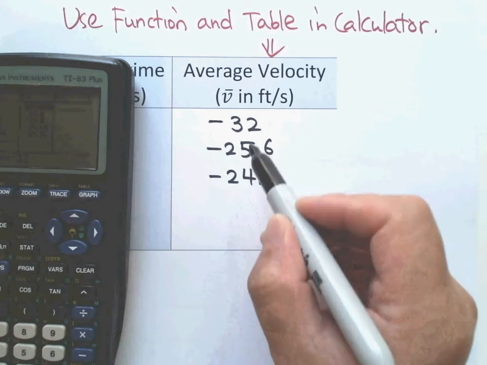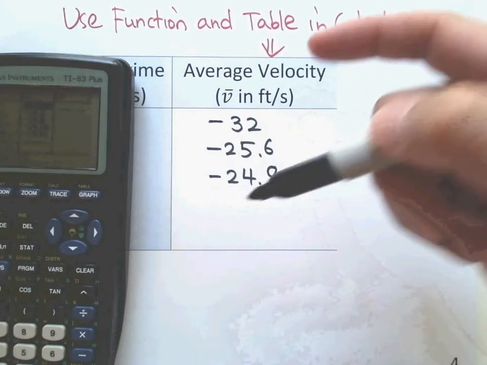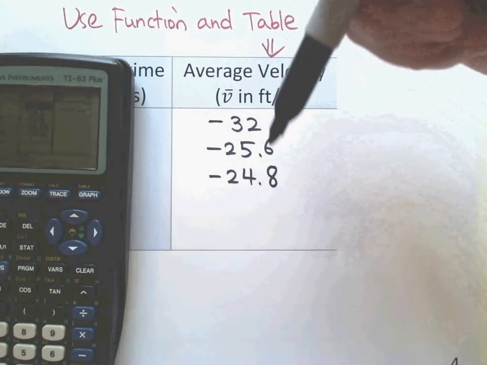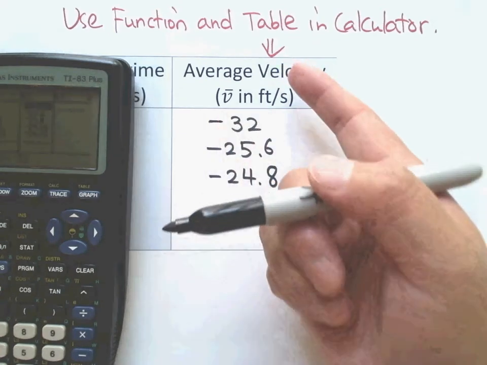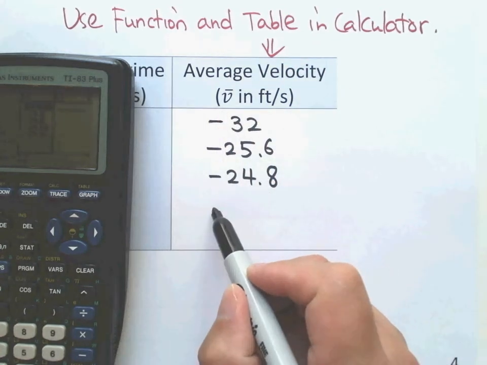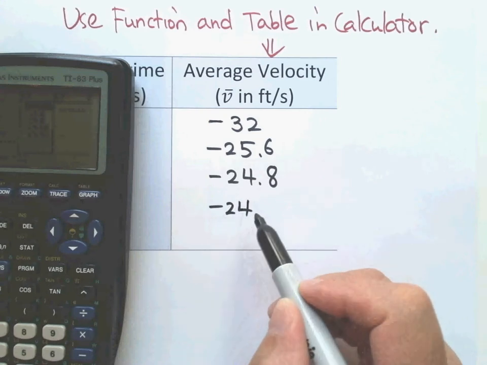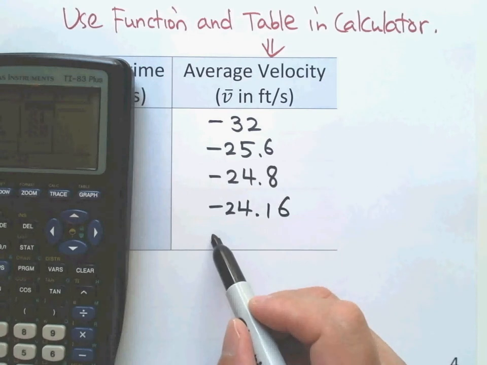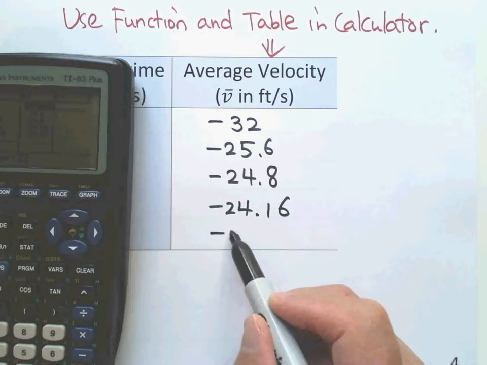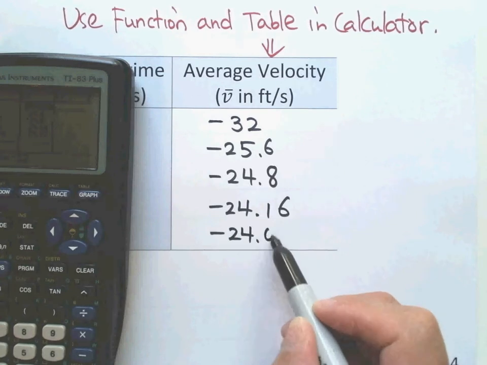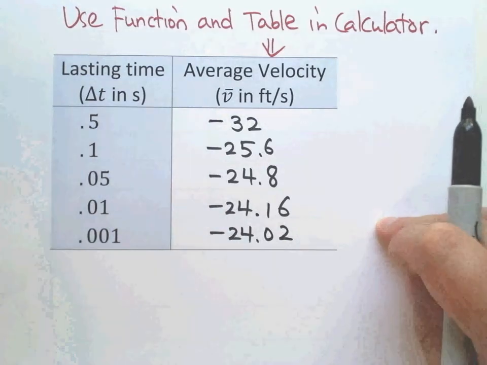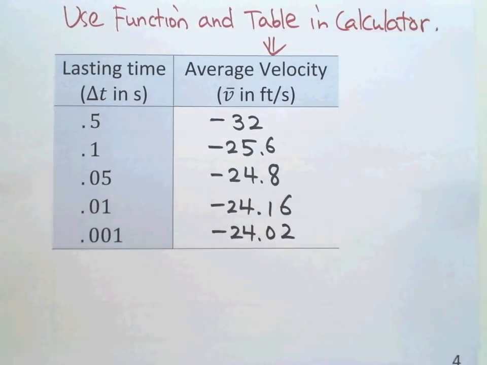The third is negative 24.8. What does negative mean? Negative means it goes down, and positive we define as going up. The object moves down, so we have a negative velocity. Don't worry. The next values are negative 24.16, negative 24.2, and negative 24.02. We just copy from the calculator to the paper.